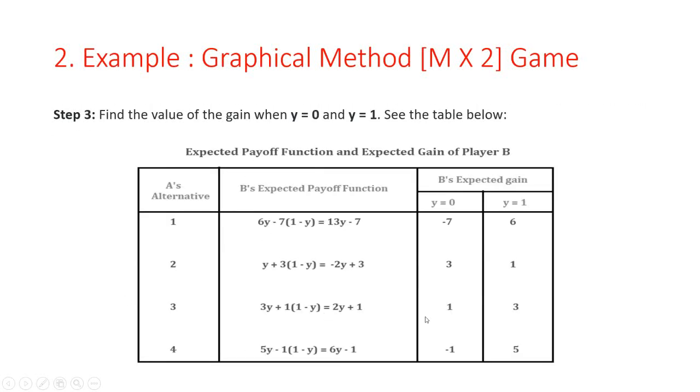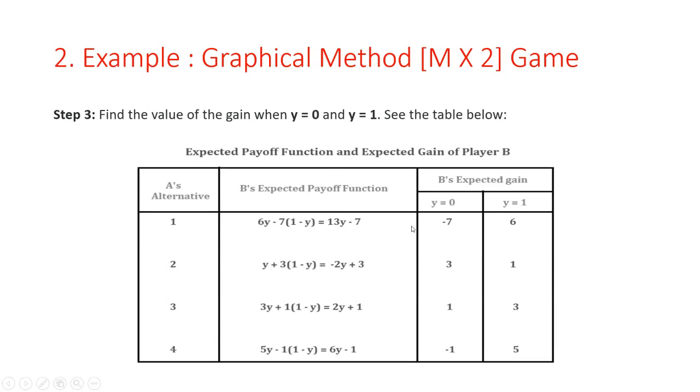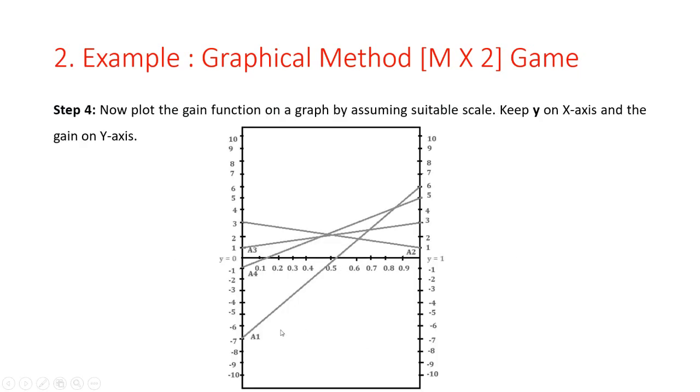Similarly for A3, 1 and 3. So 1 is here, 1 is here, and 3 is here. So this is A3. And for A4, -1 and 5. So this is our A4. So we are plotting all of A's alternatives in this graph.